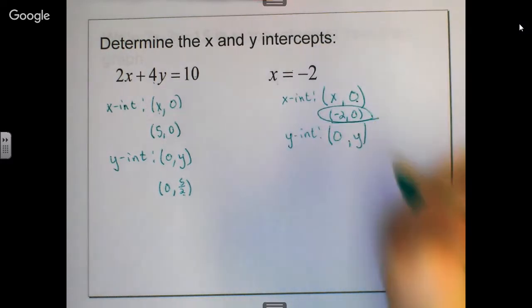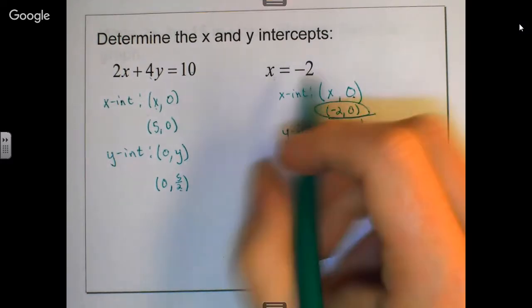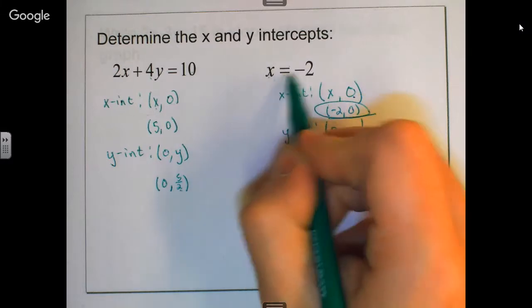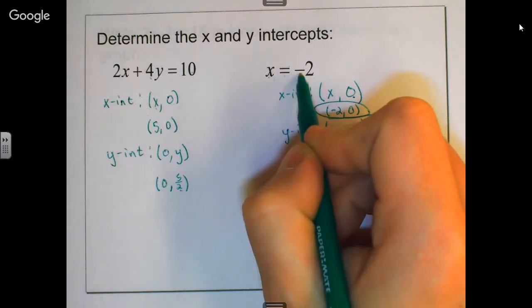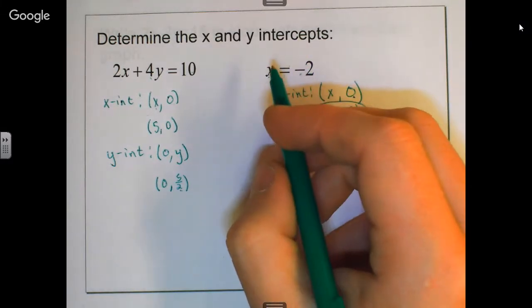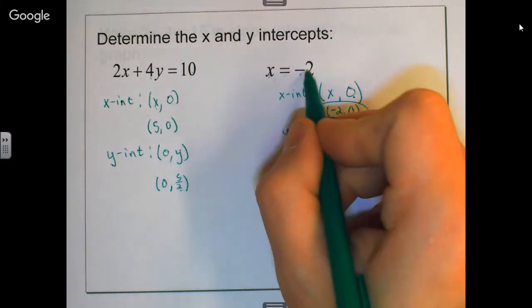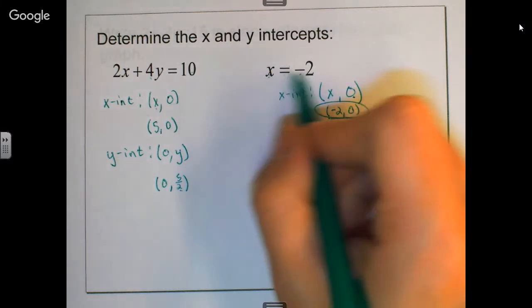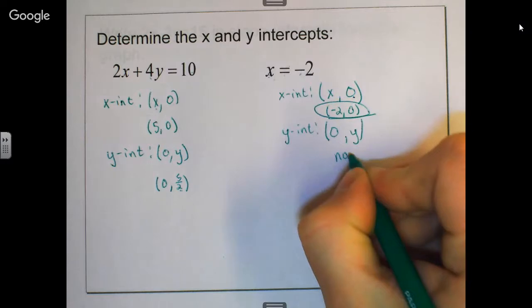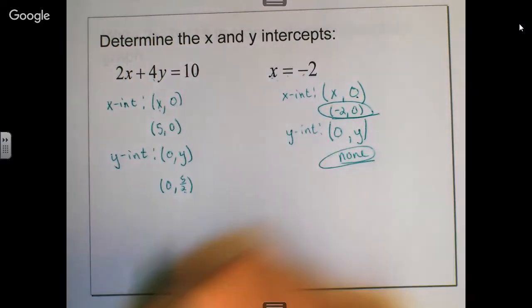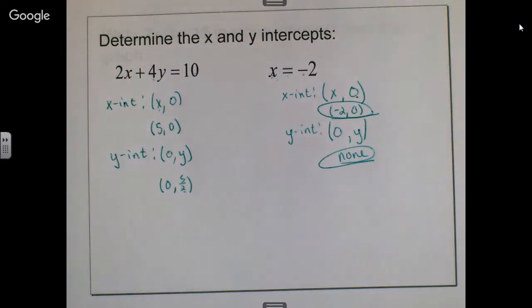So there's your x-intercept. If we put 0 in for x, I get 0 equals -2. And we should know from past problems that if I get 0 equals -2 or some false value here, it's no solution.